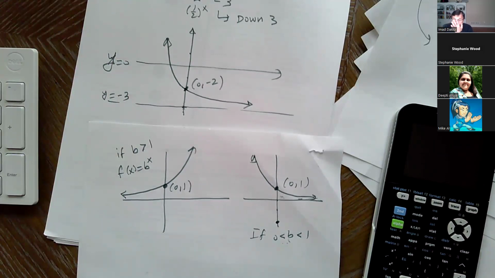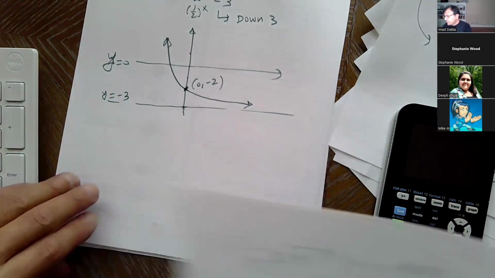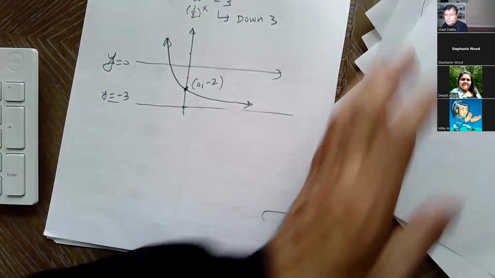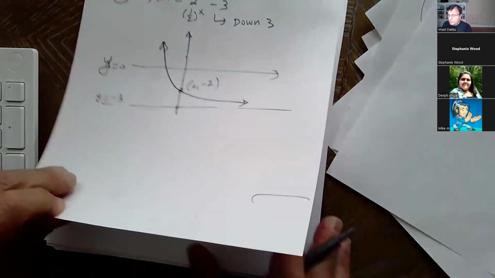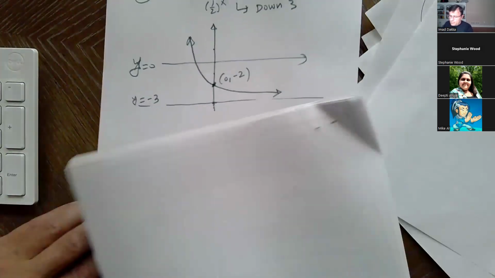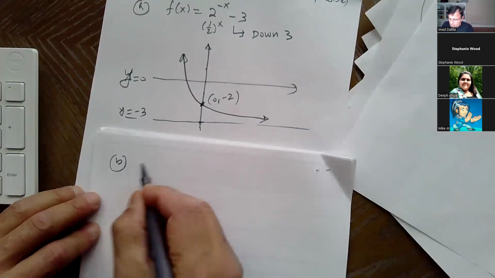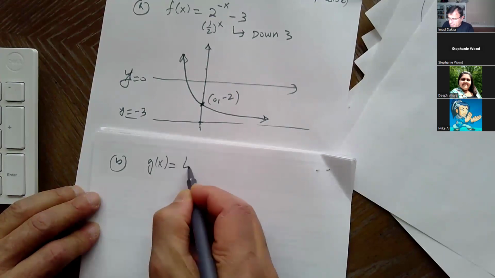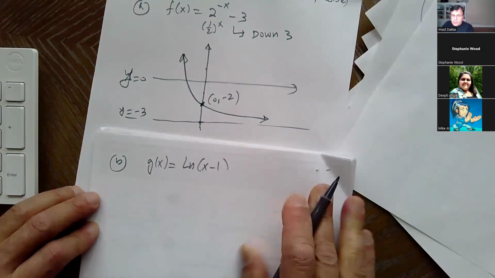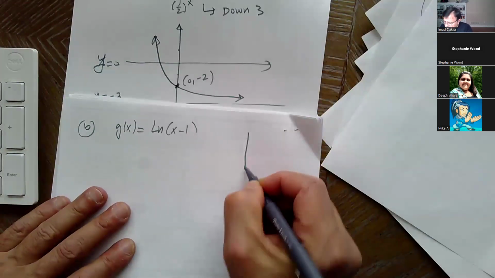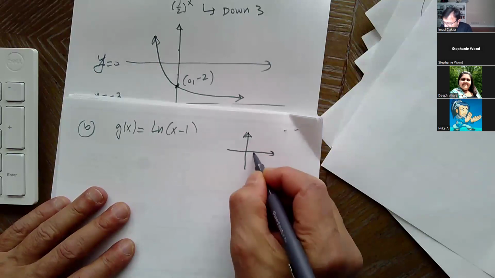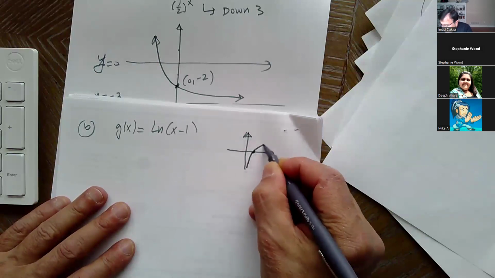The second graph is g of x equals ln of x minus 1. Again, for the log functions, there's two basic graphs. I'll just do them quick right here. It looks like this.